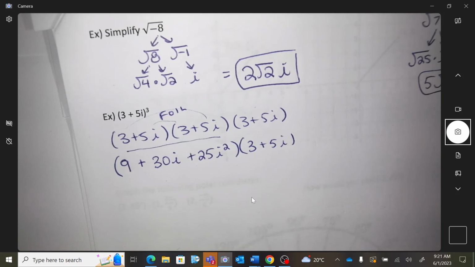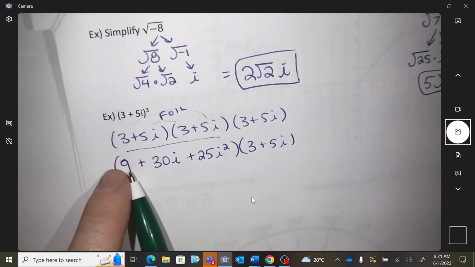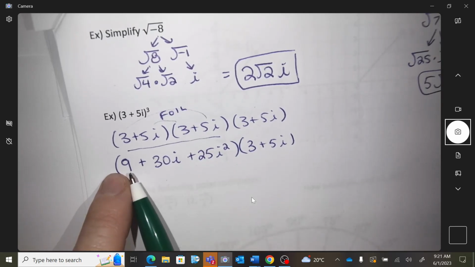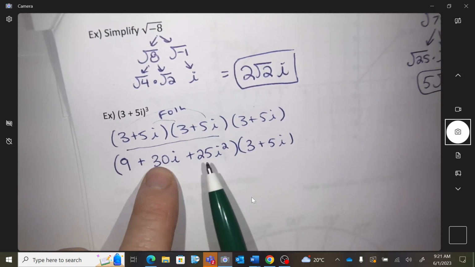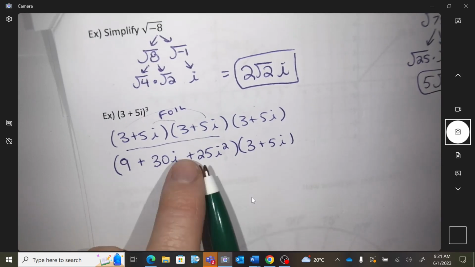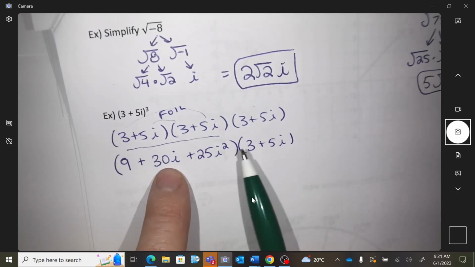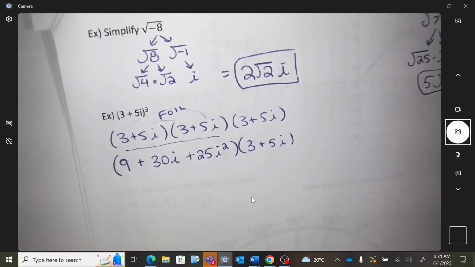Okay, does everybody know how to multiply a trinomial times a binomial? Do you see all your combos? You've got to do first times first, first times last, second times first, second times last. So you're going to have six sets of things, right?